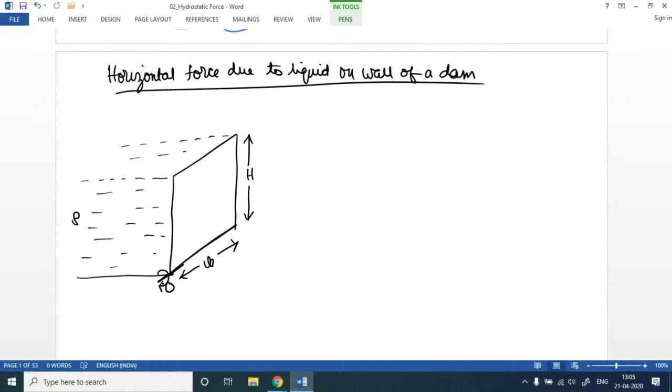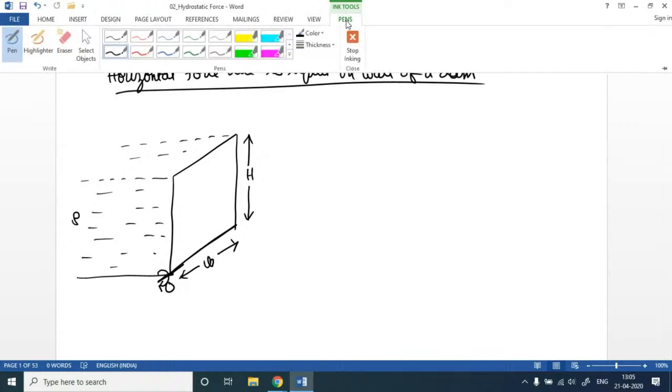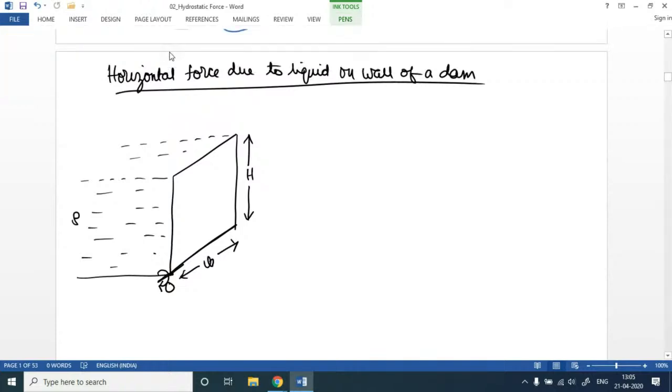In order to do that, see, on the wall the pressure will vary vertically. So pressure is not constant. At a depth of h, the pressure at this point we can write as P naught plus rho gh. Everywhere at this level the pressure would be this.